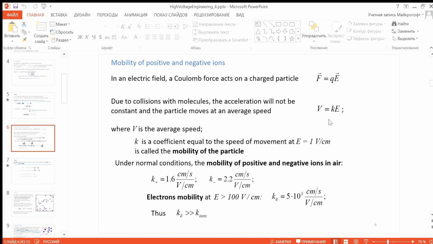Under normal conditions, the mobility of positive and negative ions in air is 1.6 and 2.2 centimeters per second divided by volts per centimeter.